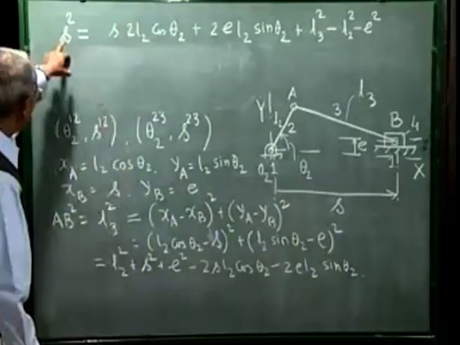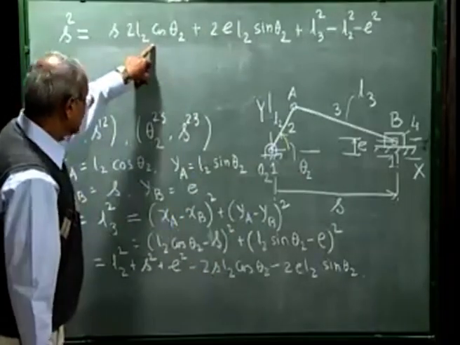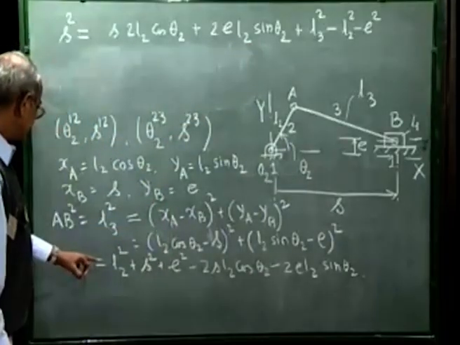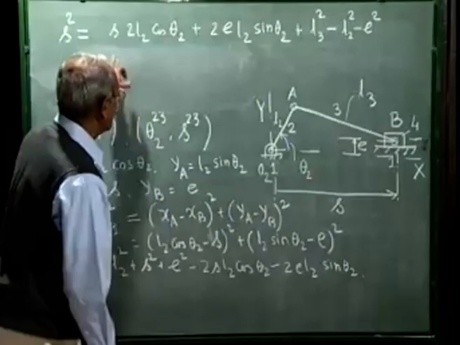We write S squared is equal to twice S L2 cosine theta 2 plus twice E L2 sin theta 2 plus L3 squared minus L2 squared minus E squared.